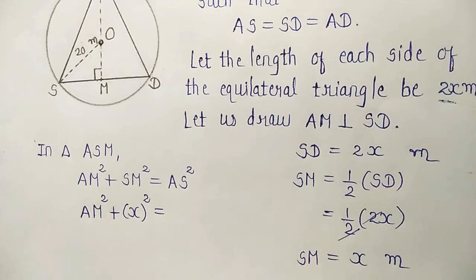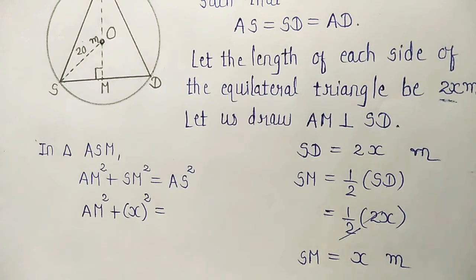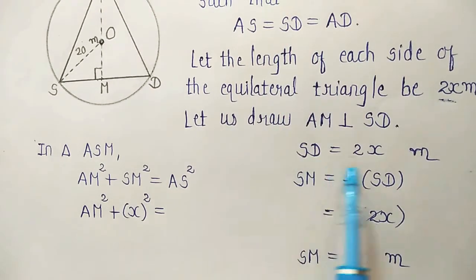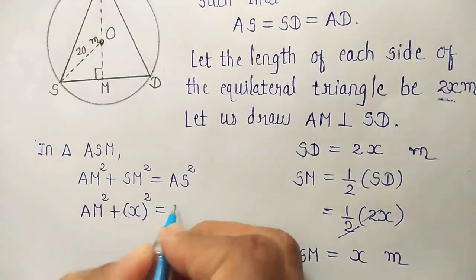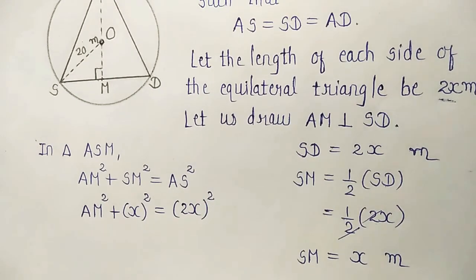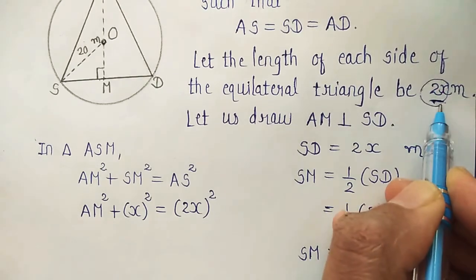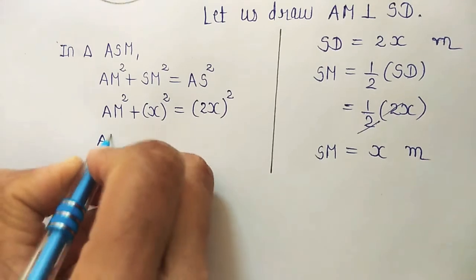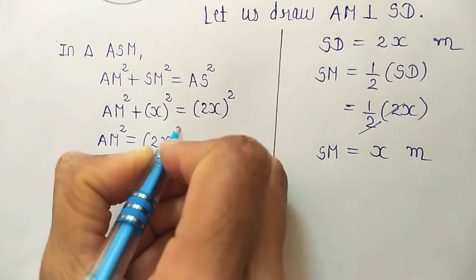So here the value of SM we will write as x square. AS is the side of the triangle, and AS, SD and AD are the same and they are 2x. So here we'll write 2x square. Remember that all sides of this triangle are 2x. AM square will be equal to 2x square minus x square.